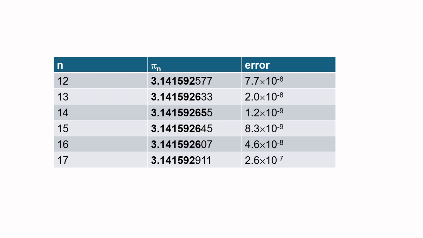So once we go to the calculation of pi, we take that small number with its rounding error and we multiply it by a number that is getting bigger and bigger and bigger. By the time we're at 17, we multiply it by 2 to the 17th, which is more than 100,000. So we're multiplying our error by 100,000, which in this case is on the order of 10 to the minus 7.